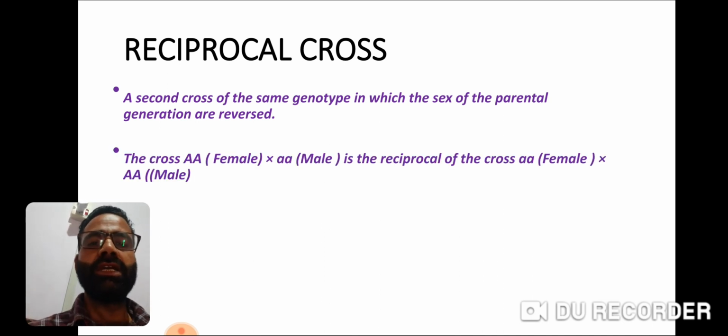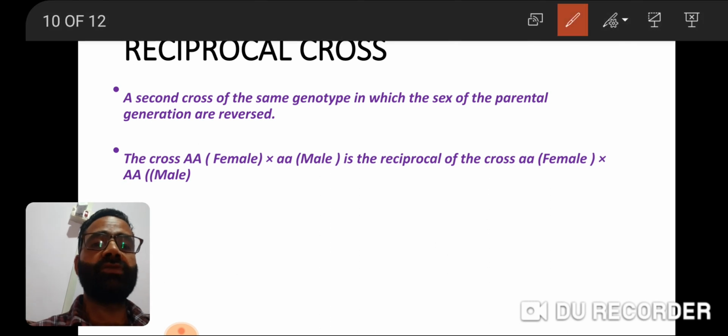You can see here the cross where capital A is used as a female and is crossed with small a used as a male. This is the reciprocal of the cross where we initially used small a as the female and capital A as the male.